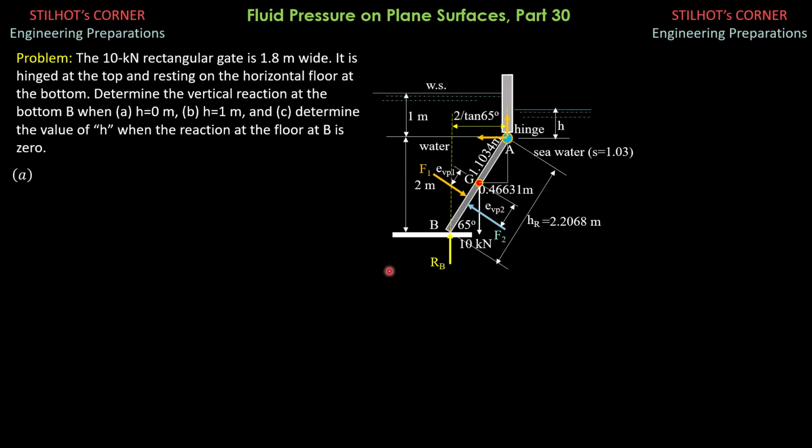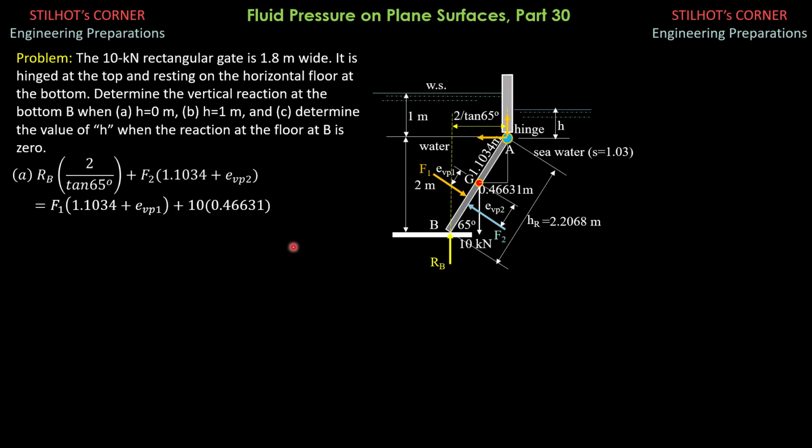So our working equation, RB times 2 over tangent 65 plus F2 times quantity 1.1034 plus EVP2 equals F1 times quantity 1.1034 plus EVP1 plus 10 times 0.46631. So this is 4.6631 if simplified.